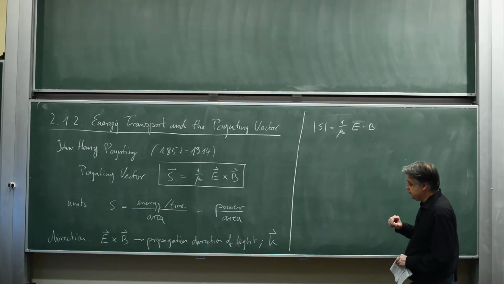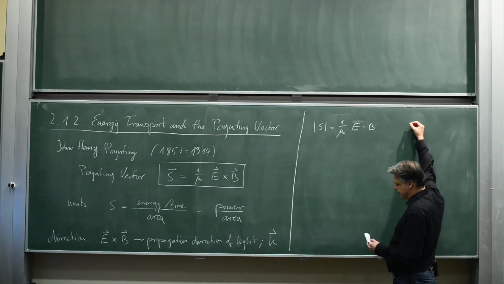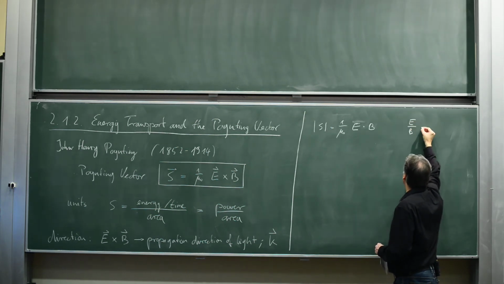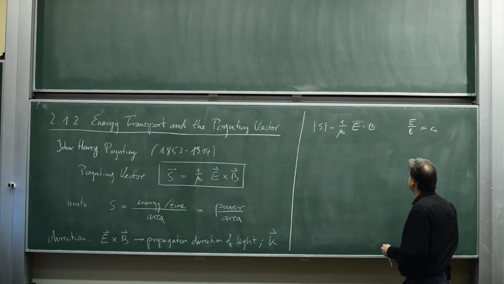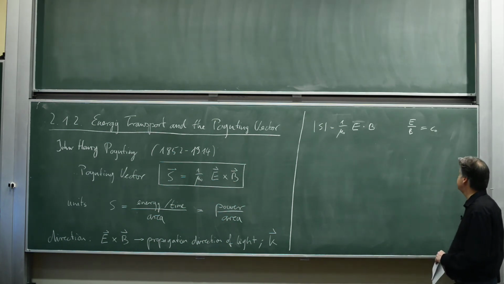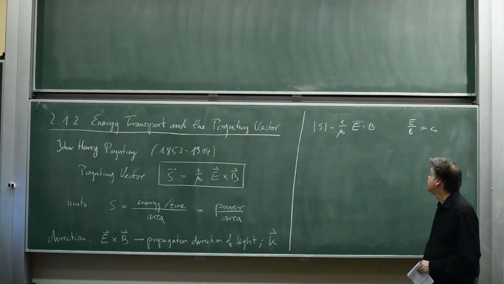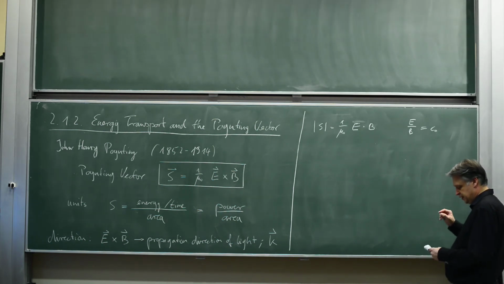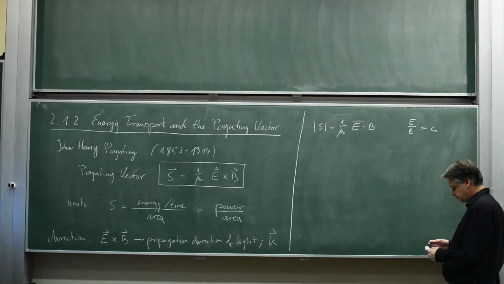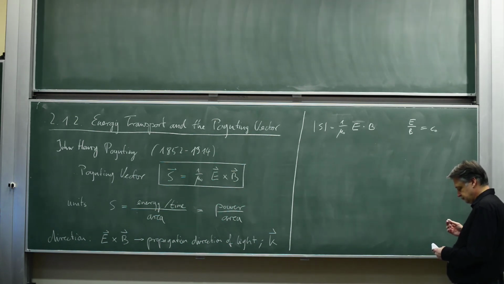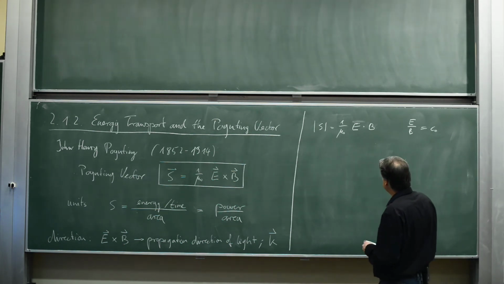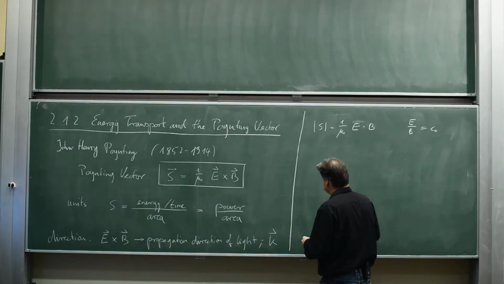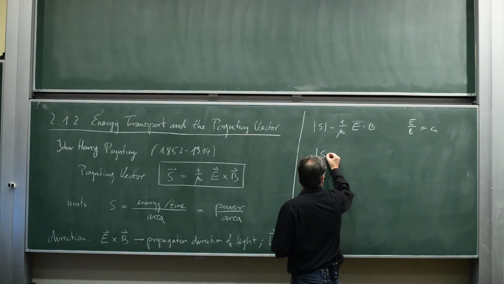And we also have learned that the relation between the E field and the B field is the speed of light, where the speed of light was 1 divided by square root epsilon naught mu naught. So, if we use that, we can actually rewrite the expression as follows.